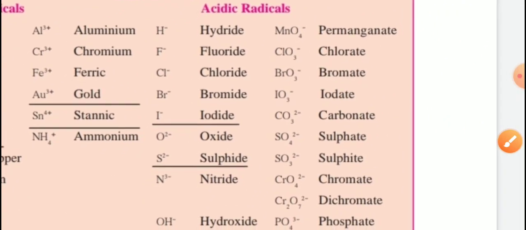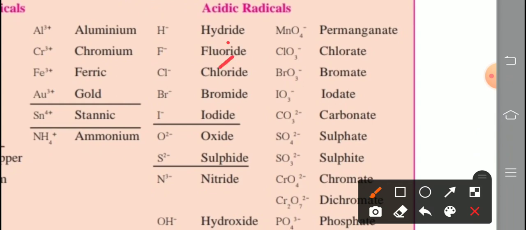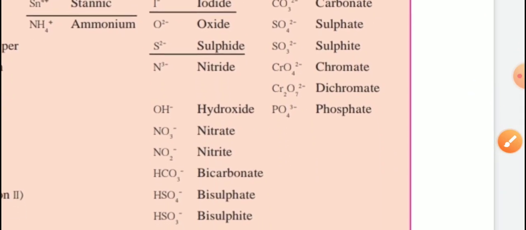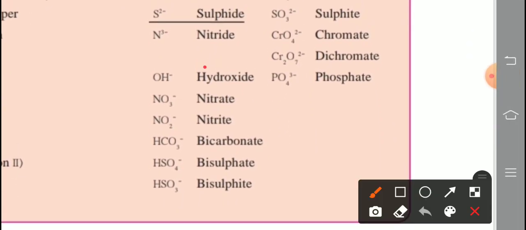In the same way acidic radicals are given here: hydride, fluoride, chloride, bromide, iodide, oxide, sulfide, nitride. These are the monoatomic simple radicals. Now composite radicals are given here, where many atoms are present, like hydroxide, nitrate, nitrite, bicarbonate, bisulfate, bisulfite.